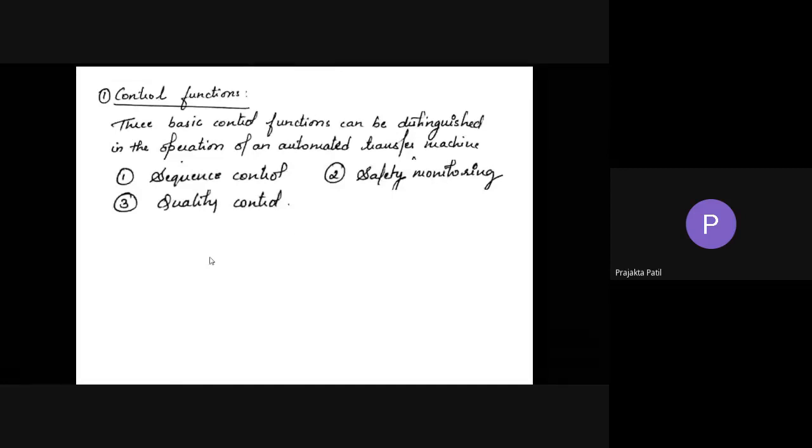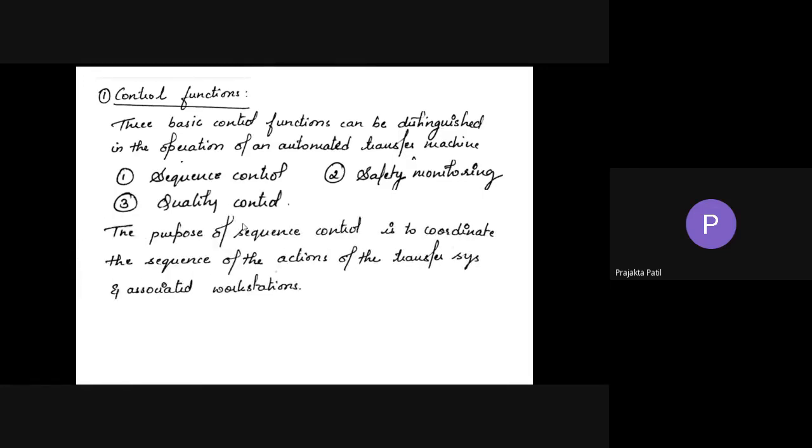Safety monitoring is yet another very important aspect because you have very little human intervention, and the safety of people working around it, and also the safety of the equipment themselves, which have such a huge investment, is very important. And next is quality control. Automation has one of the major advantages of quality, and that needs to be monitored and controlled.